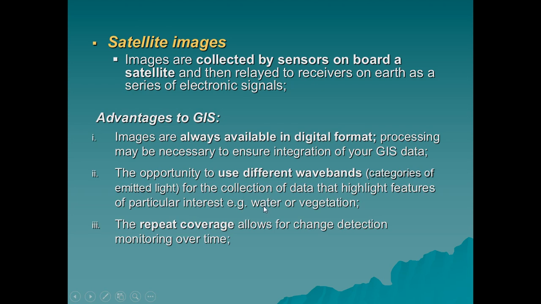For example, you can get information about water on one wave band, and about vegetation on another. As mentioned before, you get larger geographic coverage, and you also have the benefit of repeat coverage, because satellites orbit the Earth over various predetermined periods, so we can have continuous monitoring of our landscape.